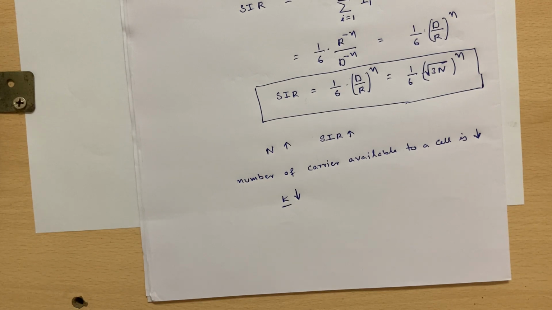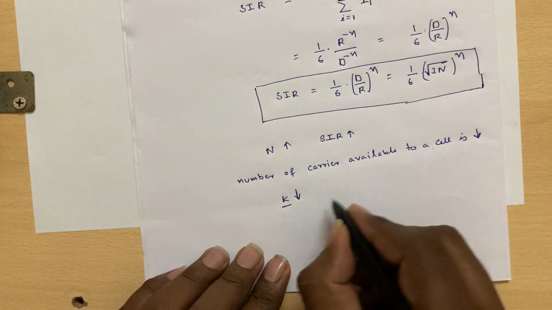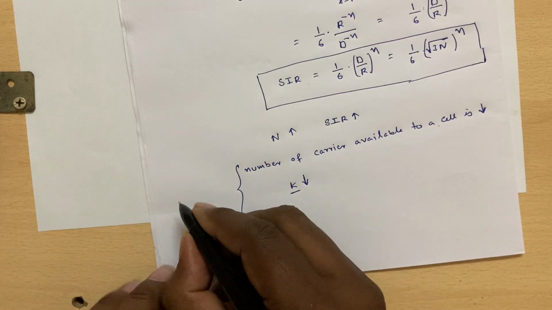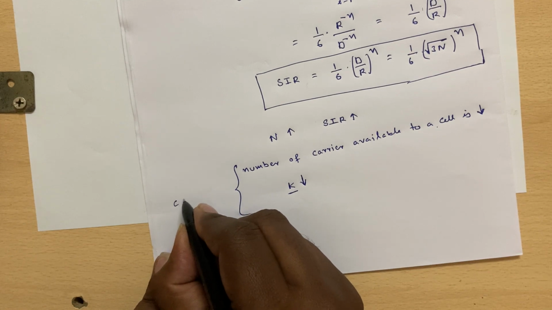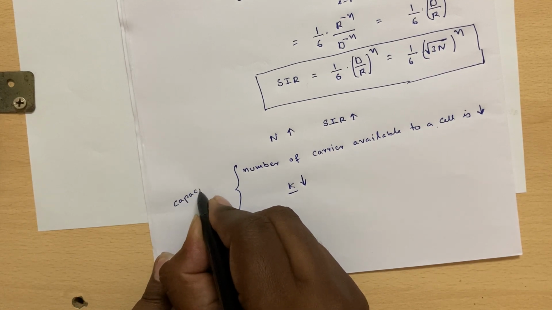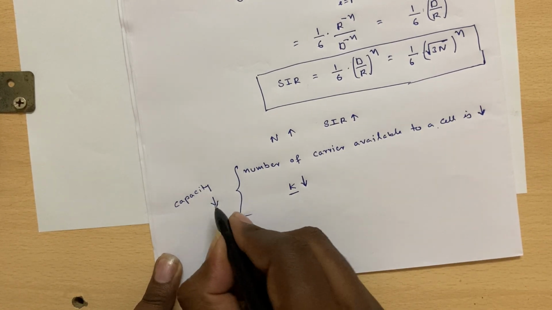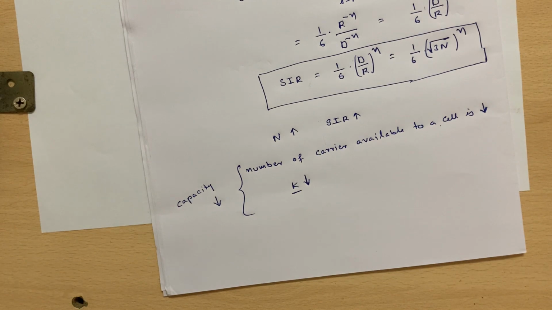Thereby, due to these two factors, the number of users one can simultaneously serve, the capacity, is going to reduce, right? So if you want a higher SIR value, you have to compromise with capacity, right?